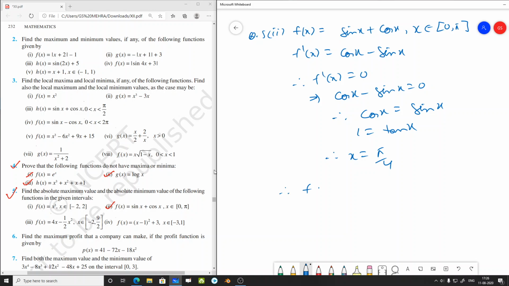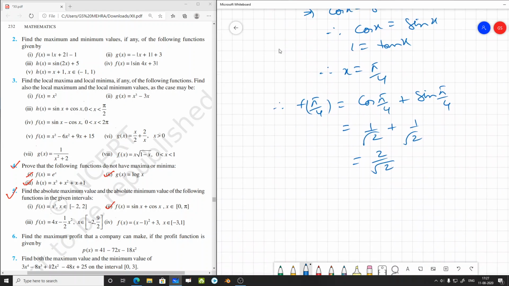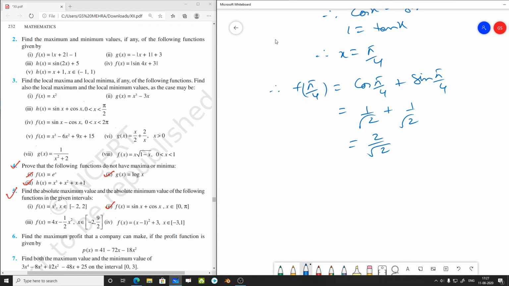Therefore f(pi by 4) equal to cos pi by 4 plus sin pi by 4, that is 1 by root 2 plus 1 by root 2, together 2 by root 2. On simplification we get root 2.